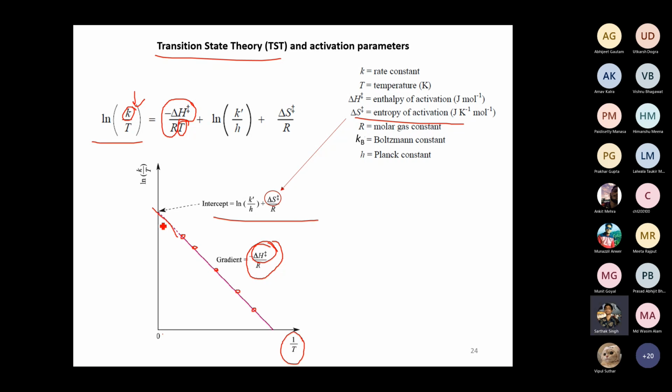Why not? Okay, suppose this is 1 by T, right? So you need to deduce this. Suppose one data point is at 0 degrees centigrade, which is 273 Kelvin. So you get the value of 1 by T. Then you have to extrapolate to get the intercept.